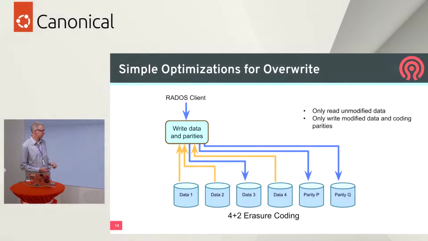If I had something like an 8+2 config, yes, I've reduced the number of I/Os here, but that's still 10 drives, that's 10 I/Os I've done to perform, say, a 4K update. So this is better, it's still not good enough.